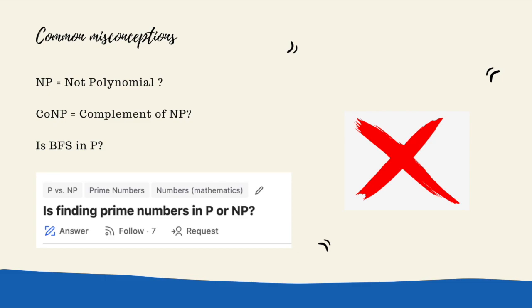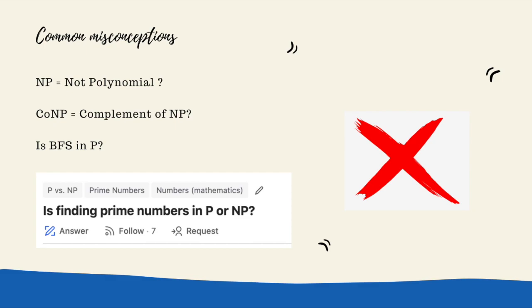The third misconception, which is very commonly seen, is people asking if an algorithm that they've written is in P or NP. That again doesn't make sense, because the computational complexity classes are defined for decision problems, and note that an algorithm is not a decision problem.